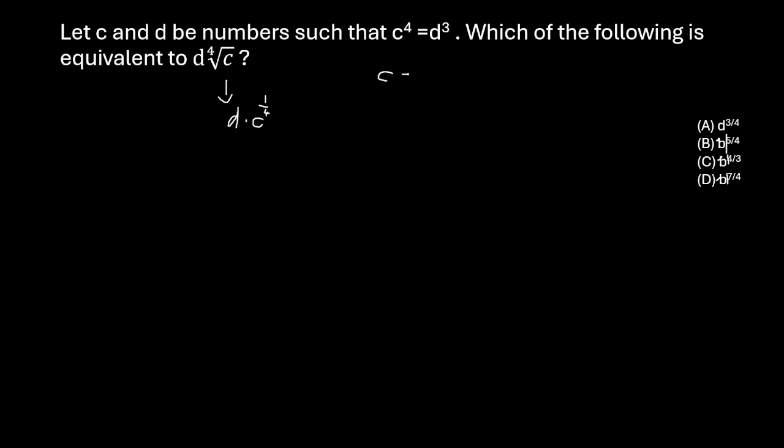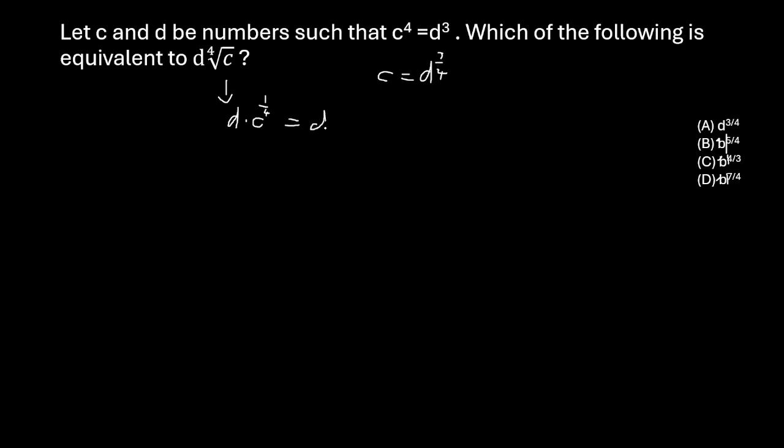C is equal to the 3rd root of D to the 4th, and you take the 4th root of both sides. So you just divide by 4. This would be 4/4, 1, and 3/4.